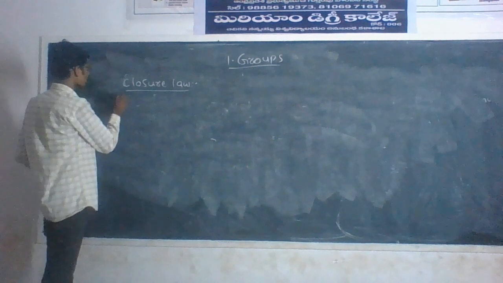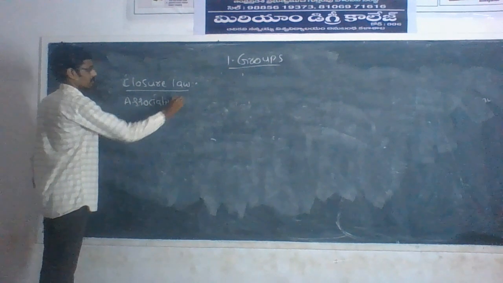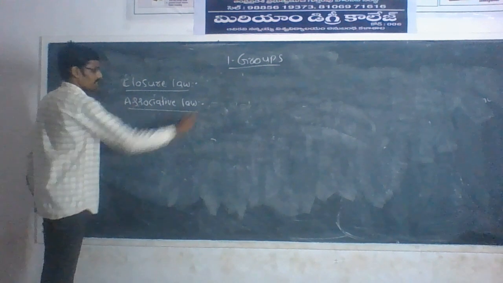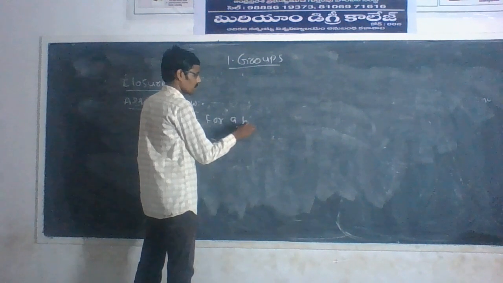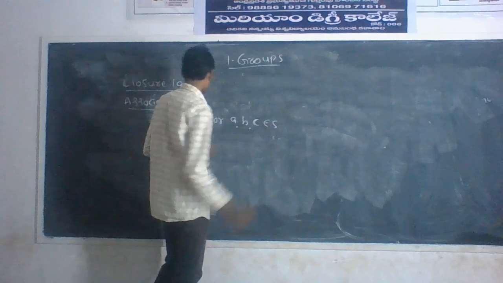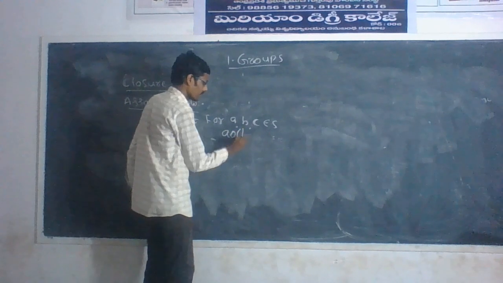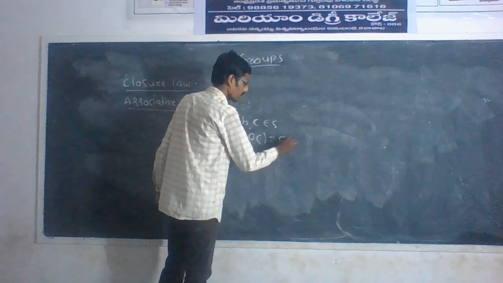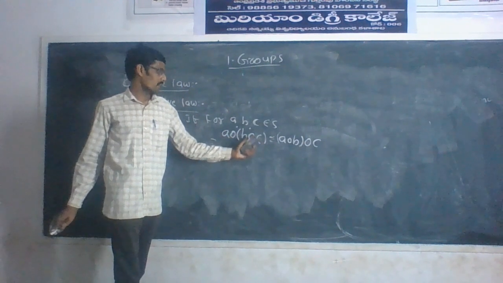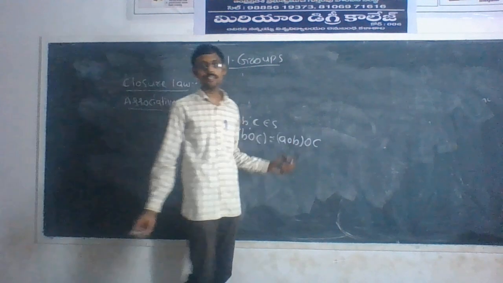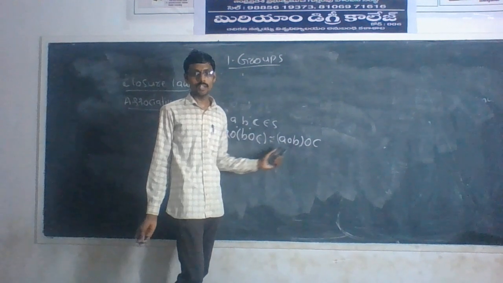Next, the second one, associative law. If S is a non-empty set and circle is a binary operation, for A, B, C belonging to S, (A circle B) circle C is equal to A circle (B circle C), then S is associative with respect to the operation circle.